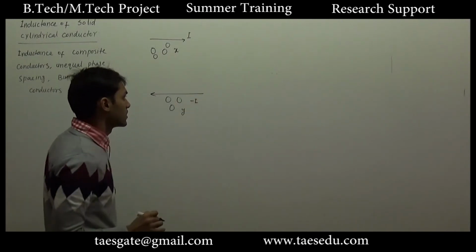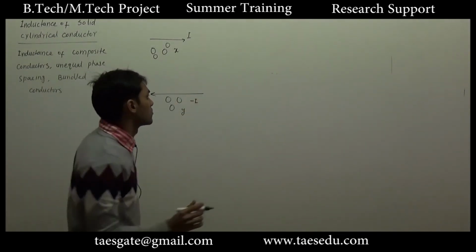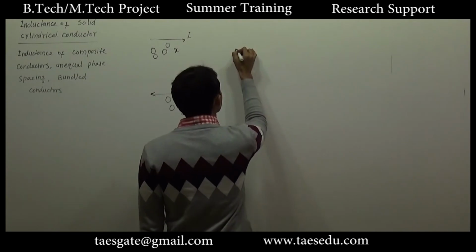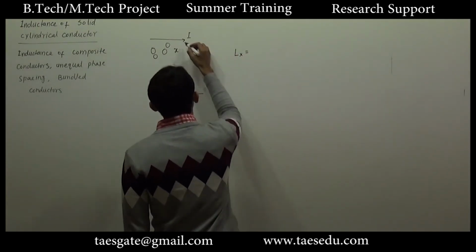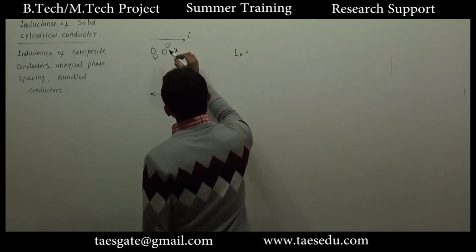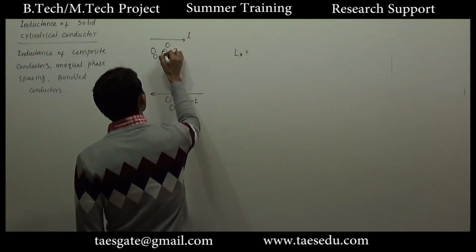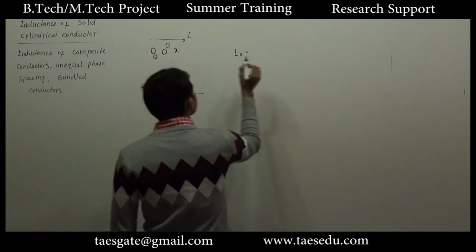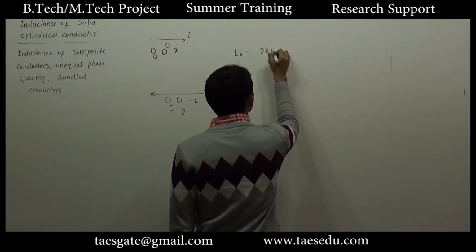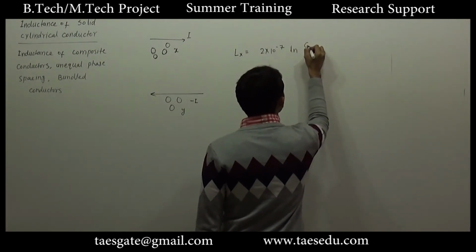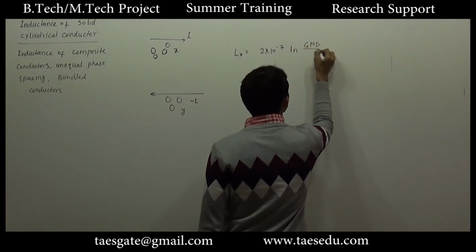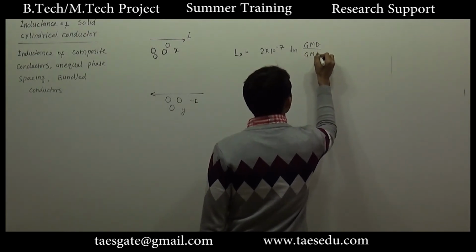So for this type of conductor I am going to write the general formula. The general formula for calculation of inductance of X, the total inductance due to these conductors, will be 2 into 10 to power minus 7 ln GMD divided by GMR.